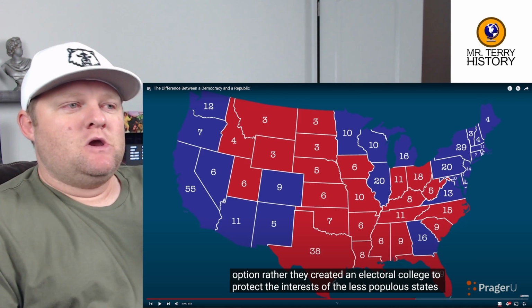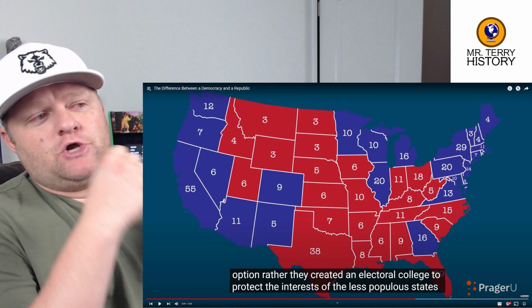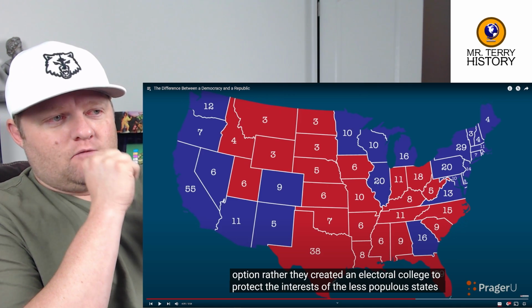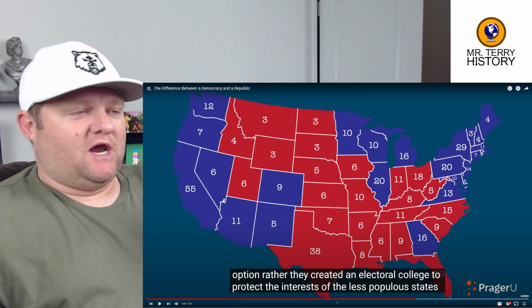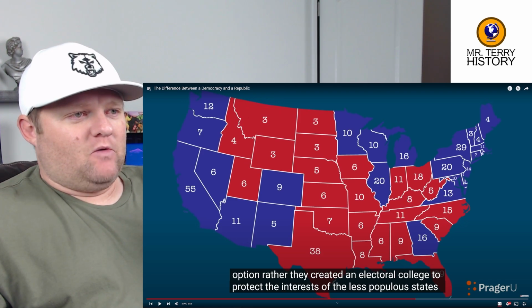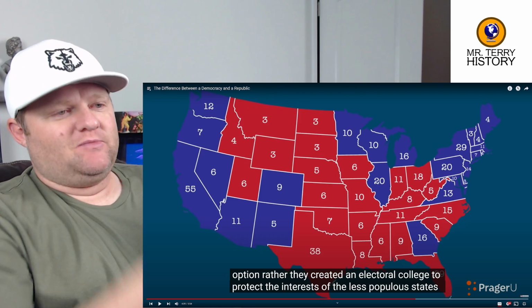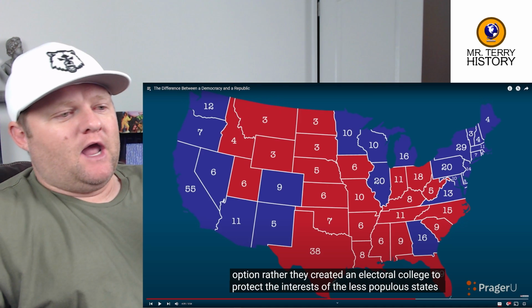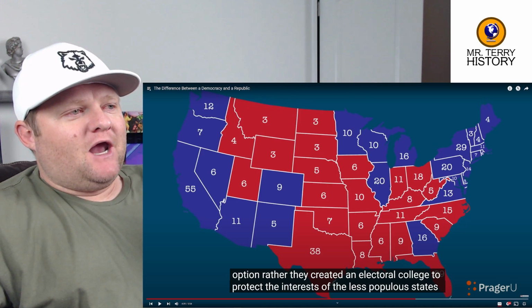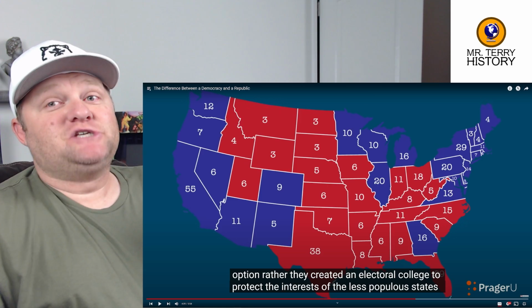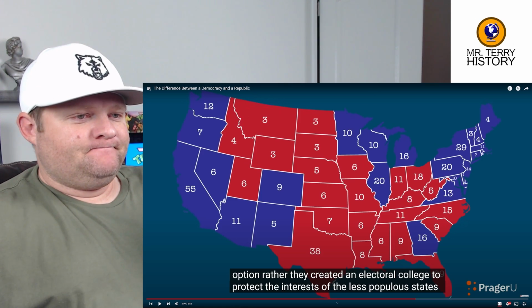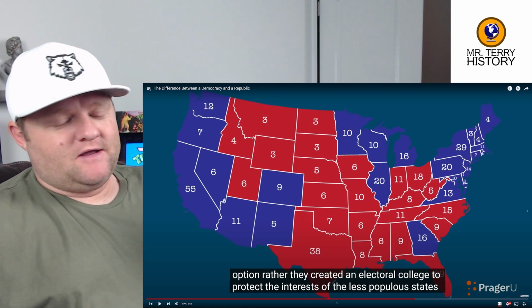So it gives them more power, whereas California could potentially completely remove the political power of the people of the Dakotas and pretty much that whole middle part, except for Texas down there. Not necessarily get rid of their votes, but it would change the balance a lot more. Okay. So anyway, let's keep going.